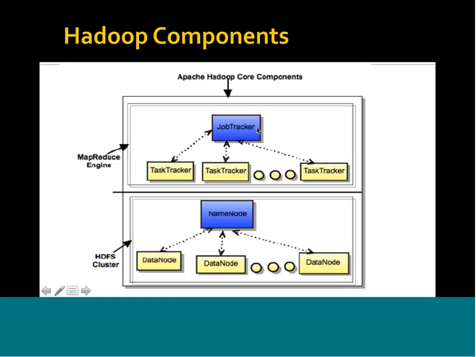For example, if you want to do analytics or search some keywords, that keyword is stored in a file, and that file is there in your HDFS. When we say a file is there in HDFS, it means that the file will be present in n number of data nodes, right? Job tracker will give responsibility to task trackers, and these task trackers will do the actual execution of tasks, right?